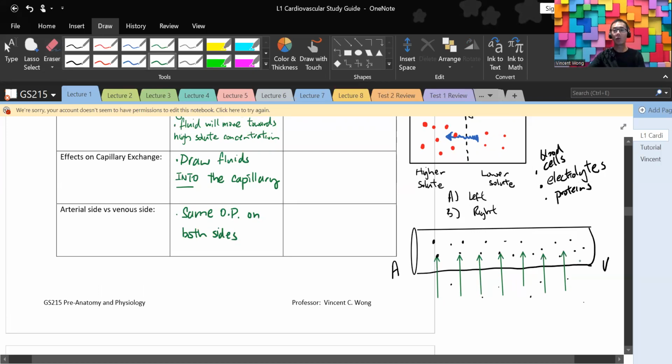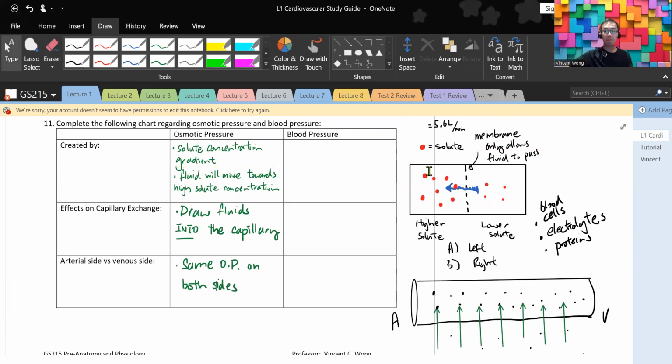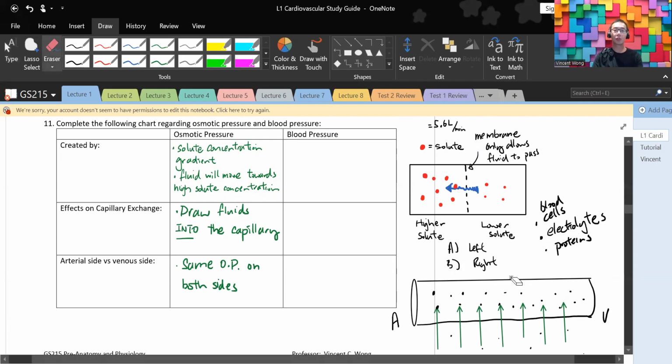Does anyone have any question about osmotic pressure before I move on to blood pressure? So we can say that if we have high solute in the vessel, we have high osmotic pressure. Yes, if the outside does not change and you increase only the inside, then you will have higher osmotic pressure.